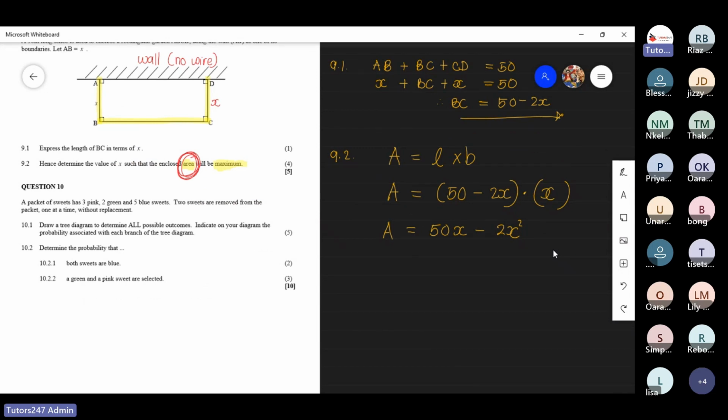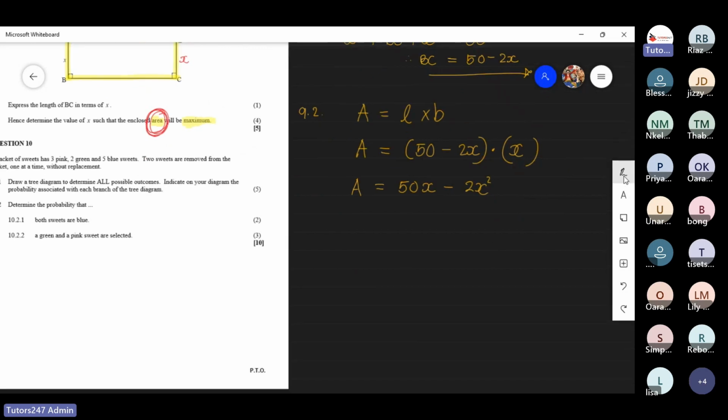So how do we find the maximum of this area equation? We know that a maximum is just our stationary points. So we are going to use the same process as we would if we were finding stationary points. So we derive once, equate it to 0, and then solve for x.